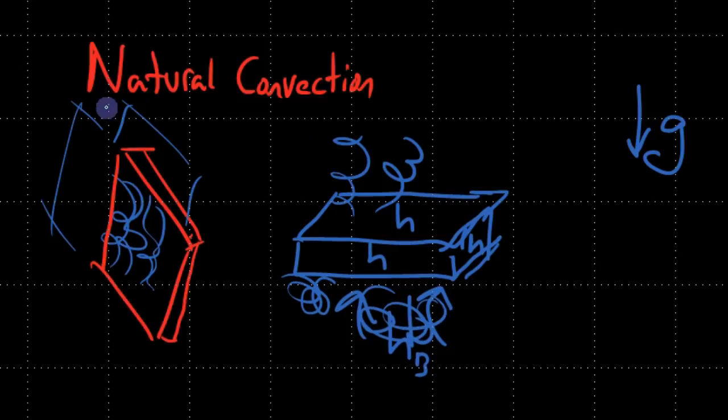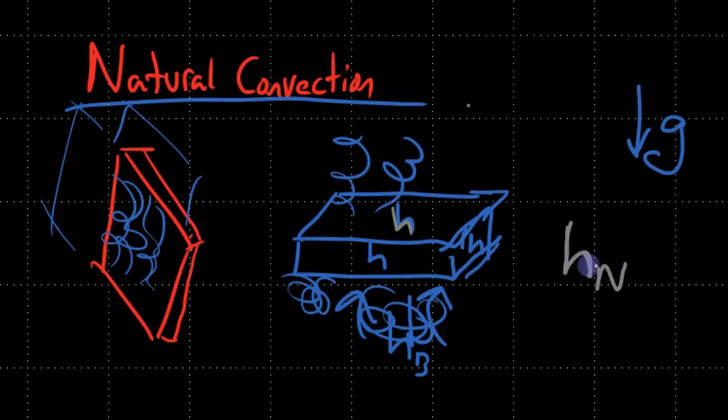So this is something called natural convection. You can read more about it. But generally, sometimes what you want to do is just make assumptions and make the problem easier on yourself. In heat transfer class, you may be required to use some different experimental formulations in order to calculate the correct convection coefficient for each surface. But here, we'll just use one, call it HN, and assume it applies to all sides.